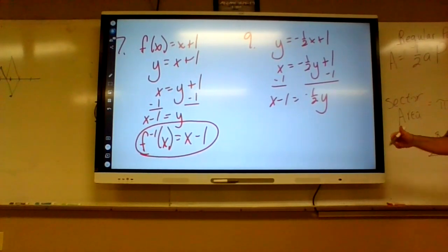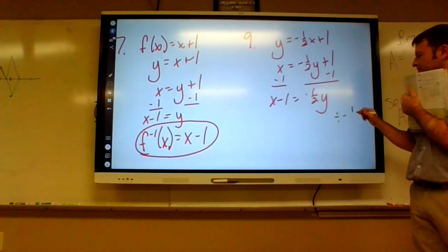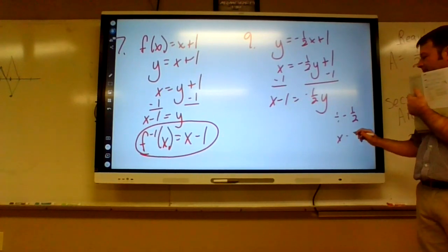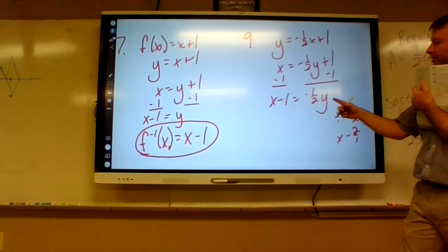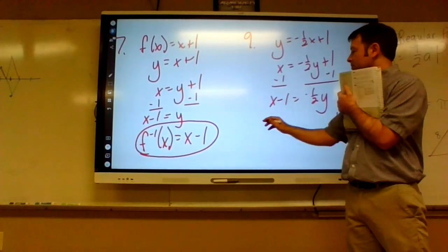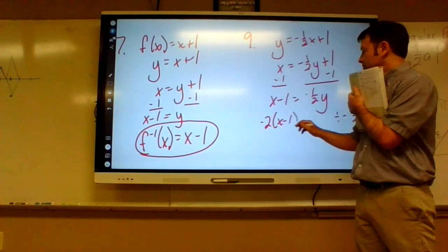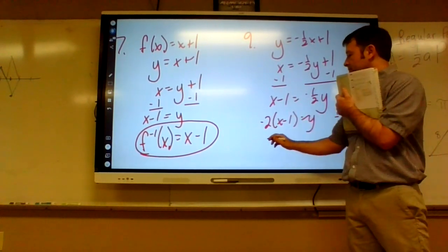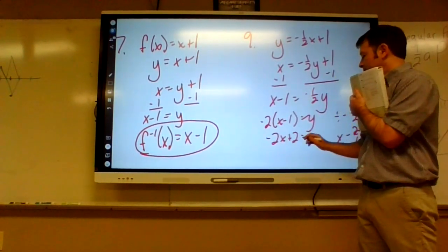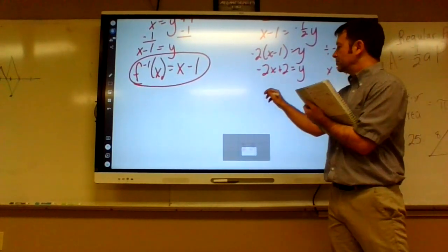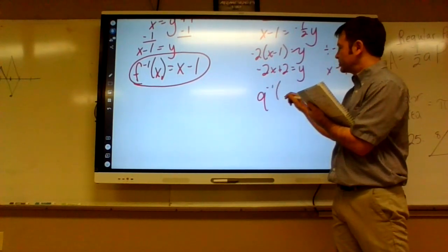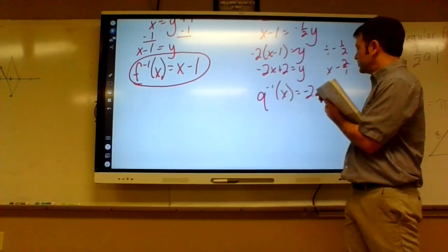Do you guys know what dividing by -1/2 is the same thing as doing? Multiplying by -2/1. The trick from middle school. So if we just multiply by -2, we get -2x plus 2. So I guess this one's called q inverse equals -2x plus 2.